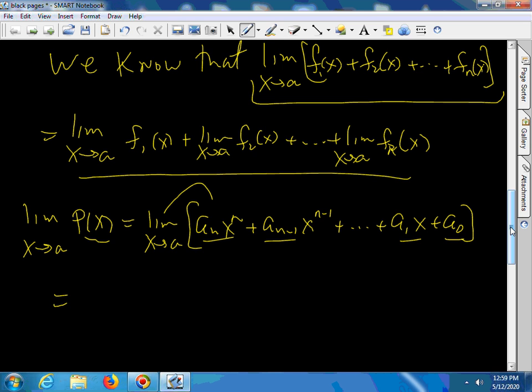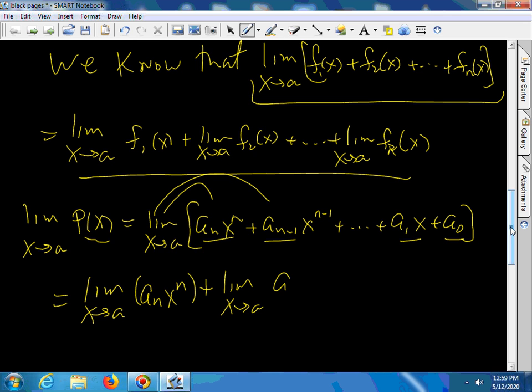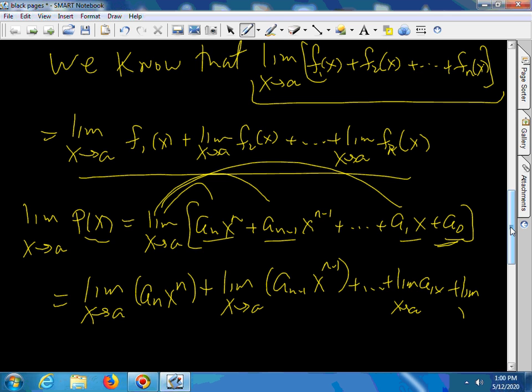So this is equal to the limit as x goes to a of a n x to the n, plus the limit of the next one, a n minus 1 x to the n minus 1, all the way down to the limit as x goes to a of a1 x plus the limit of the last one, the limit as x goes to a of a sub 0.